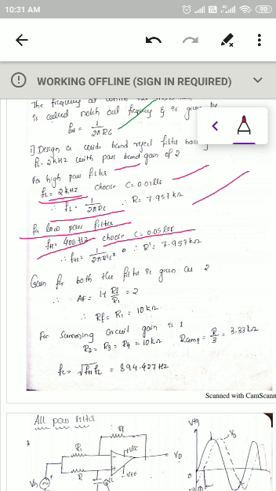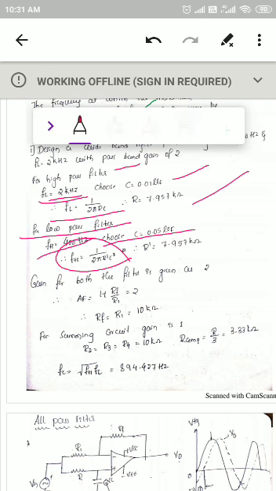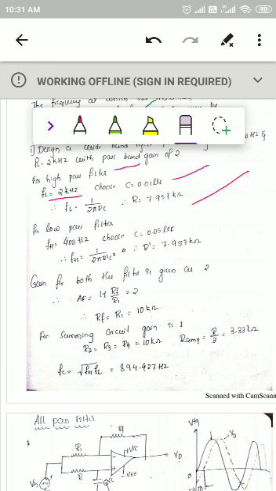So FH is equal to 1 divided by 2 pi R dash into C dash. Just substitute the values in this equation and you will calculate the R value. That's how you find the low pass filter resistance value.